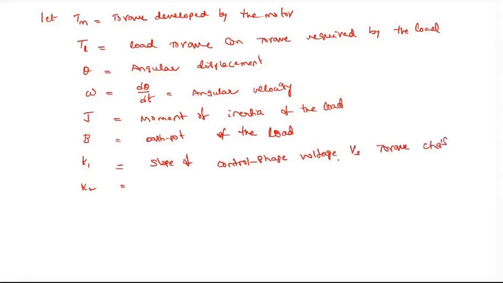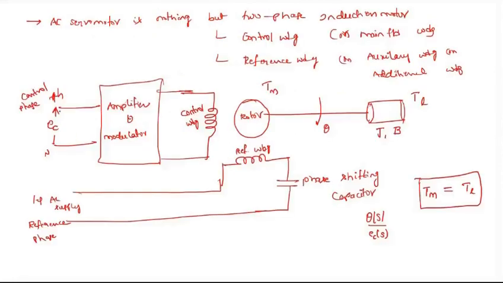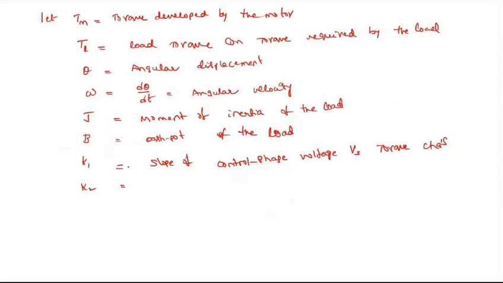That means whatever voltage we are applying to the control phase, and whatever torque is developed by the motor, in between these two we will draw one graph. That graph's slope is K1. Suppose, for example, the graph looks like this; you can join any 2 points. This is called a slope. Like that we are going to calculate the slope.